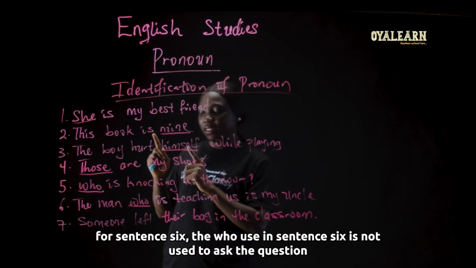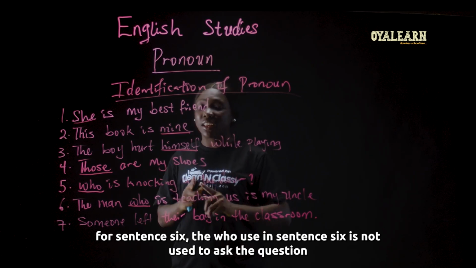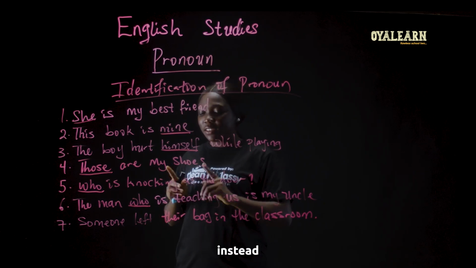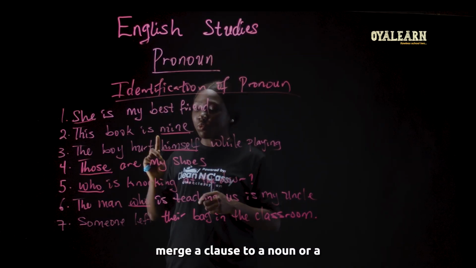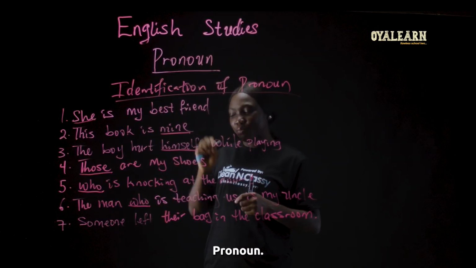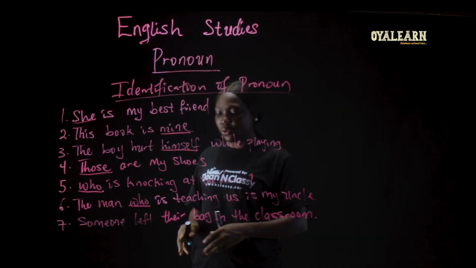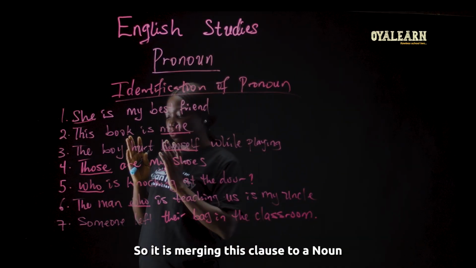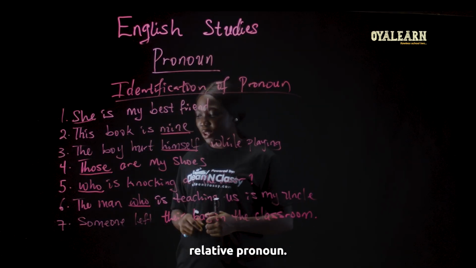While for sentence 6, the who is not used to ask a question. Instead, it is used to merge a clause to a noun or a pronoun. And this is actually a noun. The man is a noun. So it is merging this clause to the noun. So the who is a relative pronoun.